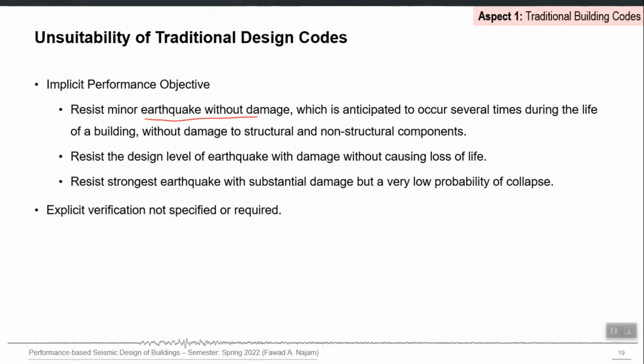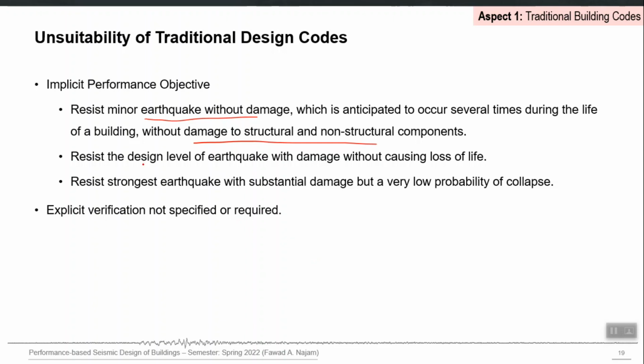So, the intensity of an earthquake is inversely proportional to how frequent it is. If a minor earthquake occurs, which can occur several times during the design life, the structure should have no damage.